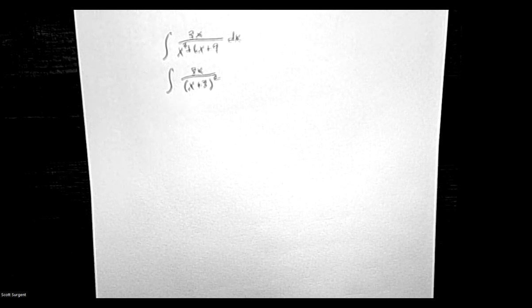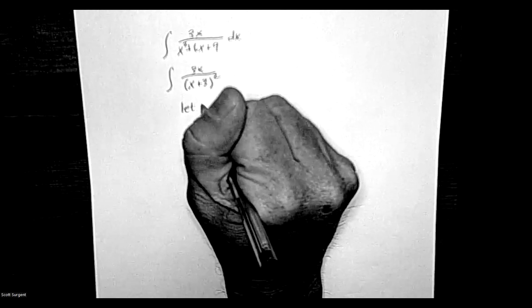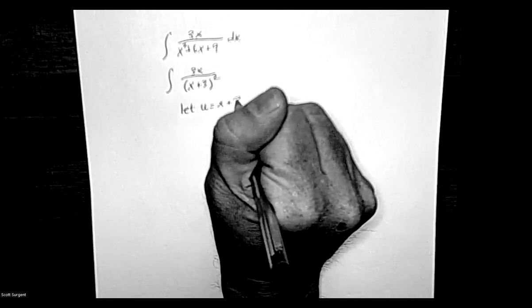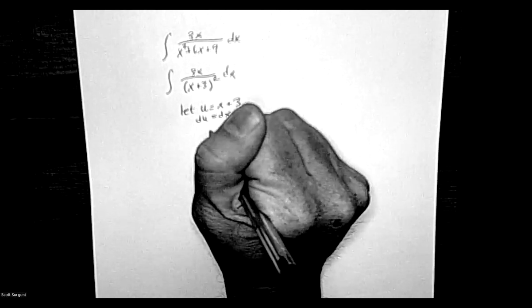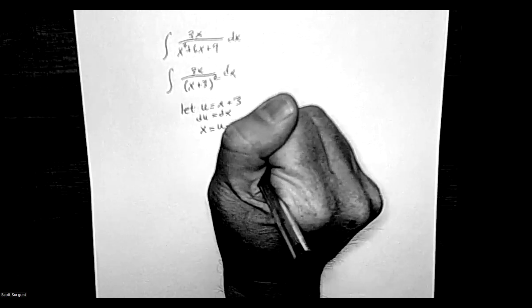Well, you can do partial fractions on this one, or you can do a substitution and let u equal x plus 3. So du is dx. There should be a dx there. But the cool thing about this is that x is u minus 3.